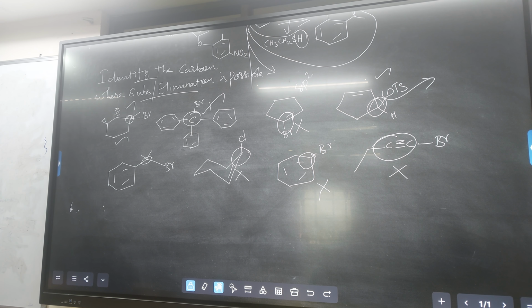Yesterday we discussed where the substitution SN1, SN2 mechanism is possible. These are all practice questions only. Tomorrow we move to the next topic, oxidation reduction reaction.